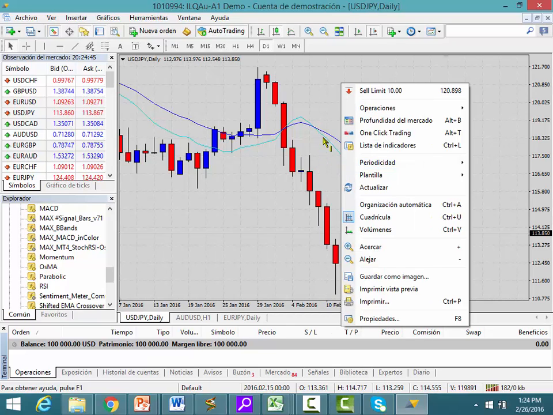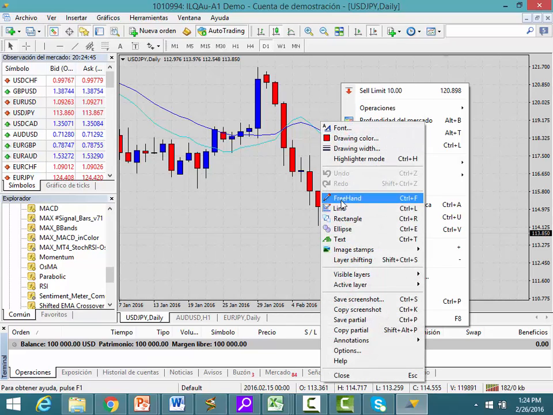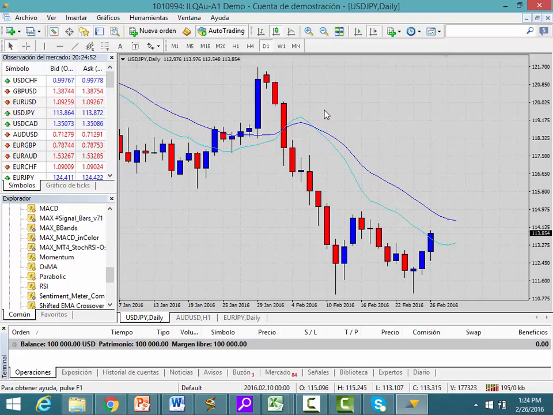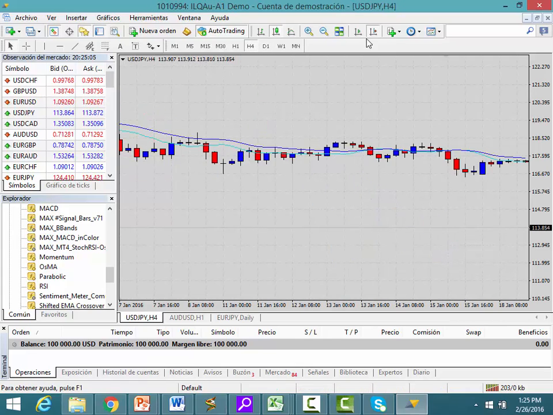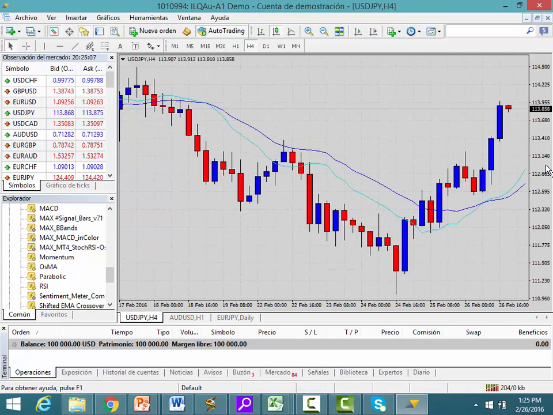Here's also where you trade from when you open up your trading account. D1 means each candle is a day. If I go down to a 4-hour, each candle is 4 hours.